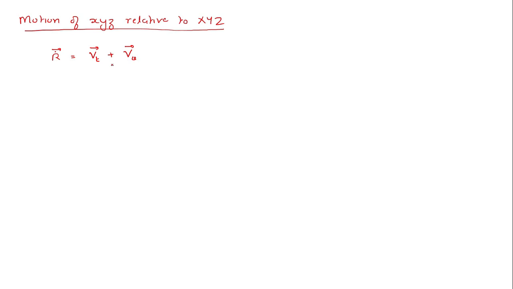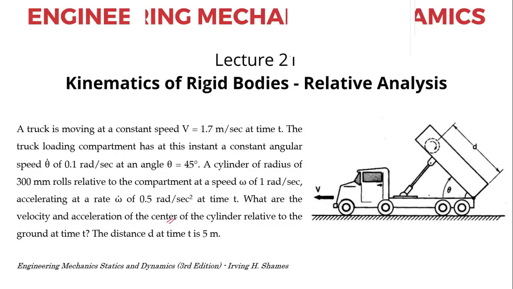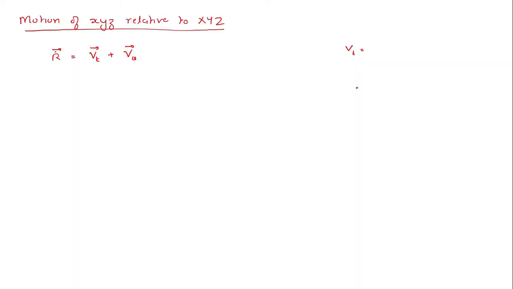For the time being, I'll call it v theta here. Okay, so v_t, in the question it is given as the truck is moving at a constant speed of v equals 1.7 meter per second. So v_t will be equal to minus 1.7 i cap.